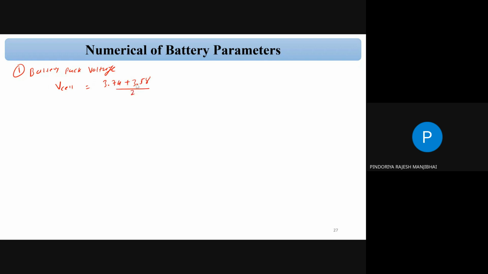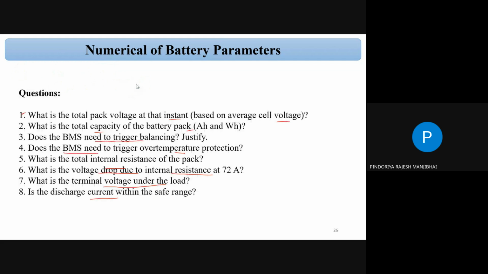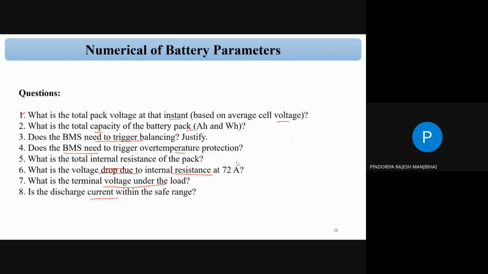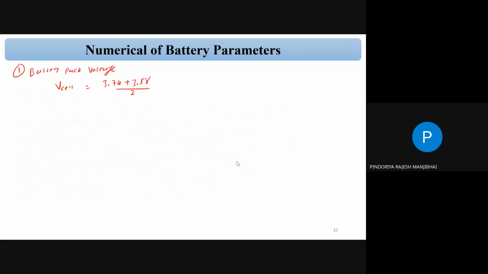Why 3.74 and 3.58? 3.74 is the maximum cell voltage, and 3.58 is the minimum cell voltage, measured by the BMS, correct? So BMS measures these parameters, the maximum cell voltage and minimum cell voltage. So we have to take the average. So V cell is equal to 3.66 volt. Okay, so this is your average, correct?